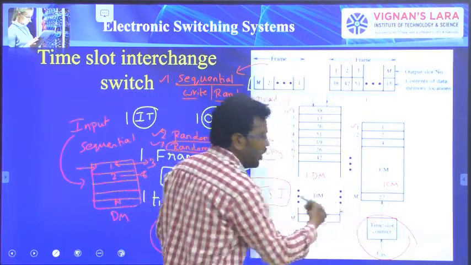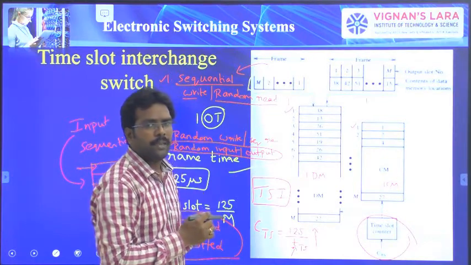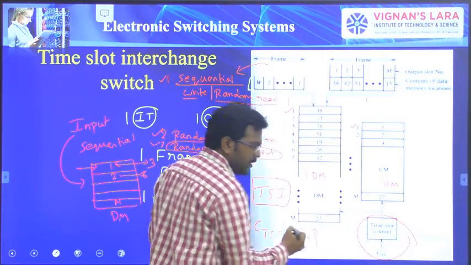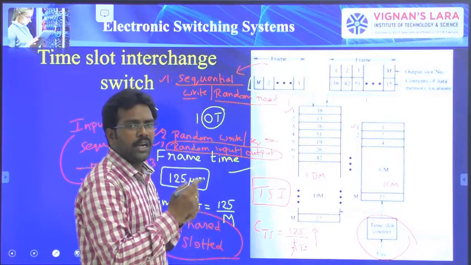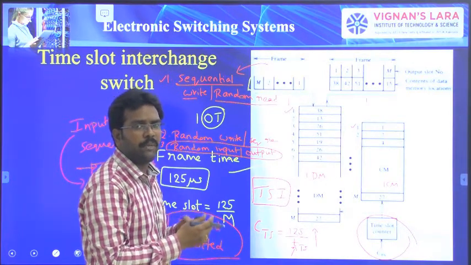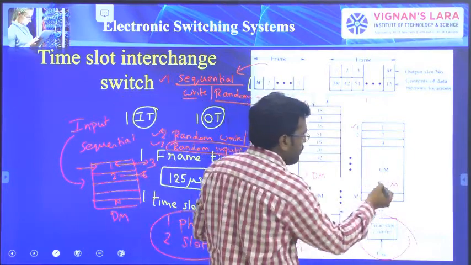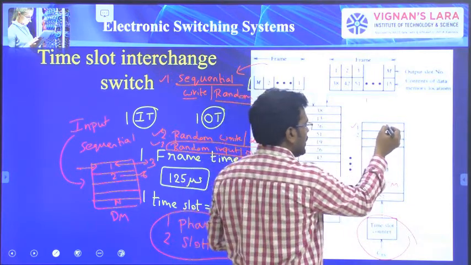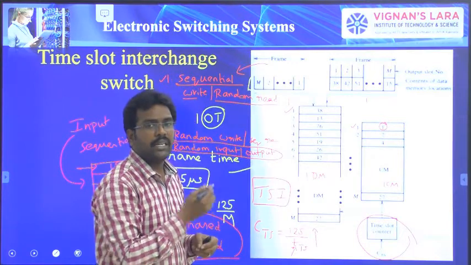So initially, generally it contains two memories, right? Data memory and control memory. Initially both are accessed at the same time. The data memory as well as the control memory start being accessed at the same time slot or time unit. Thereafter, the control memory is going to use the contents inside the control memory as addresses of the inlets.